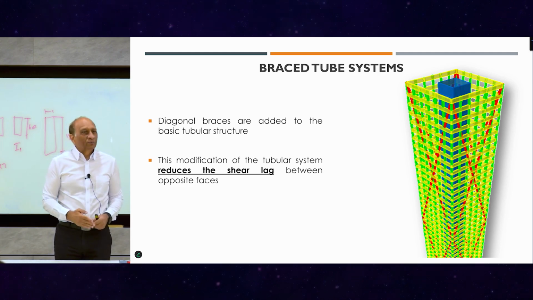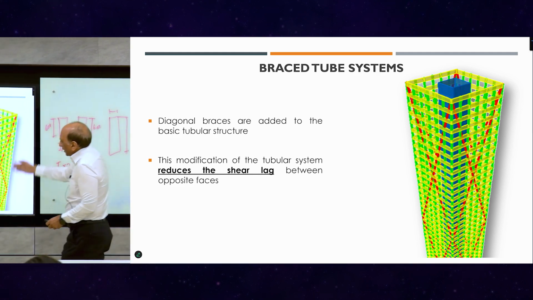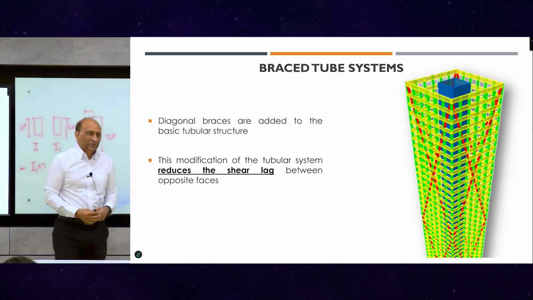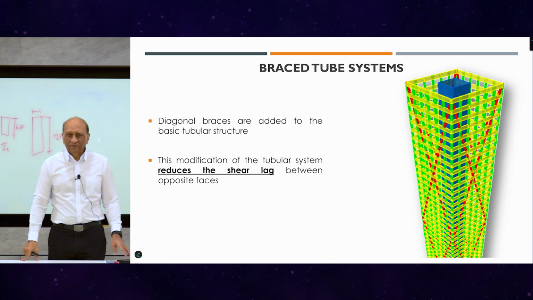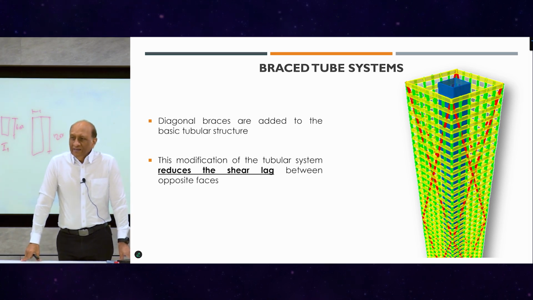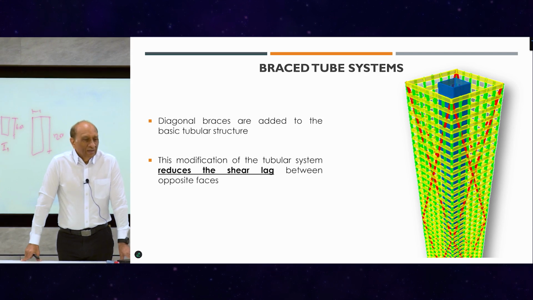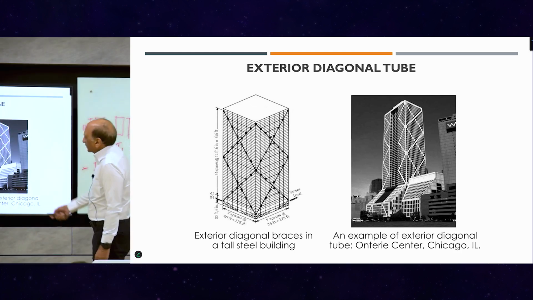So people started to put those huge diagonals on the building outside. The first one is John Hancock Center, very famous building. And once again, the same guy who invented the tube system also put the diagonal in there to solve that problem of the shear lag. So this is that one.